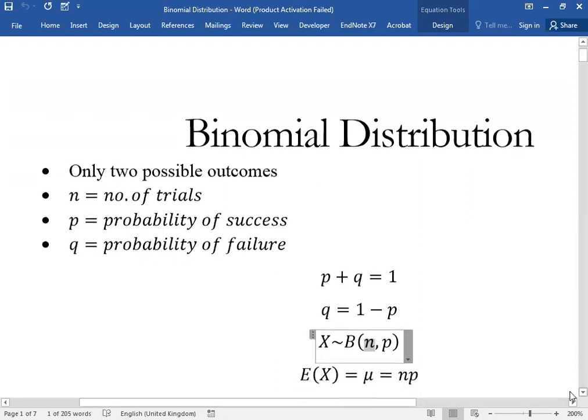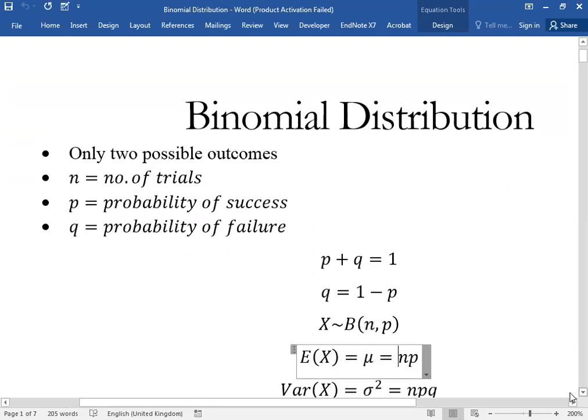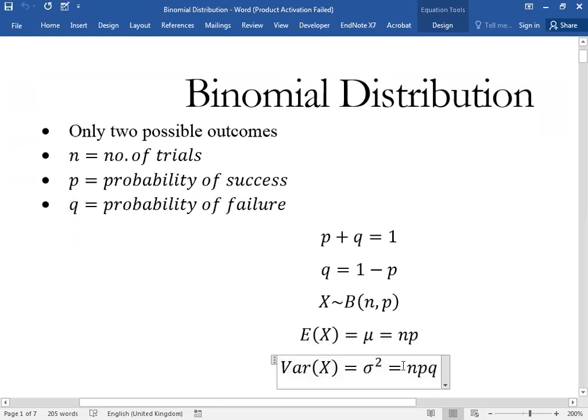Similarly इसकी expectation हम निकालते हैं mu which is NP, और variance निकालते हैं NPQ which is sigma square. Sigma is standard deviation. Yeah, all these formulae will be provided, you just need to understand them and utilize it. Clear है?